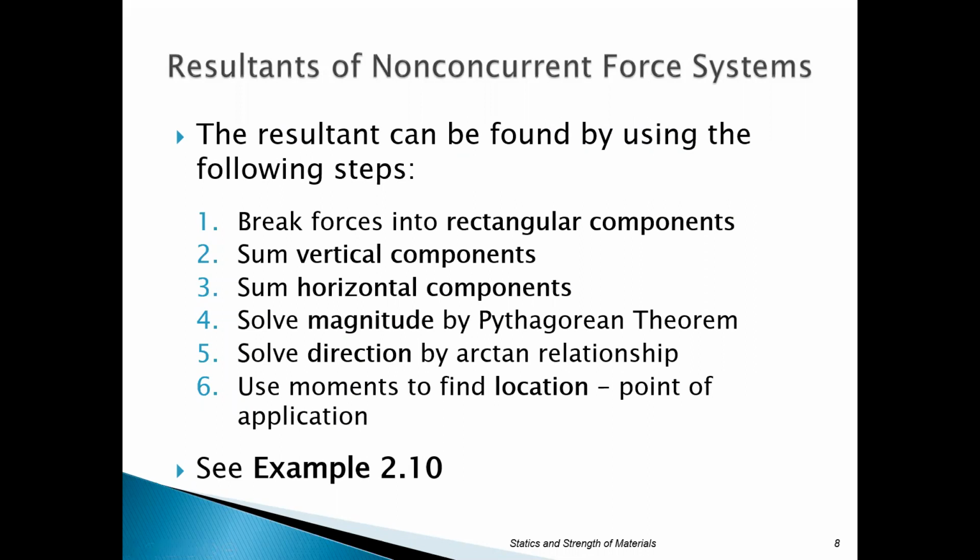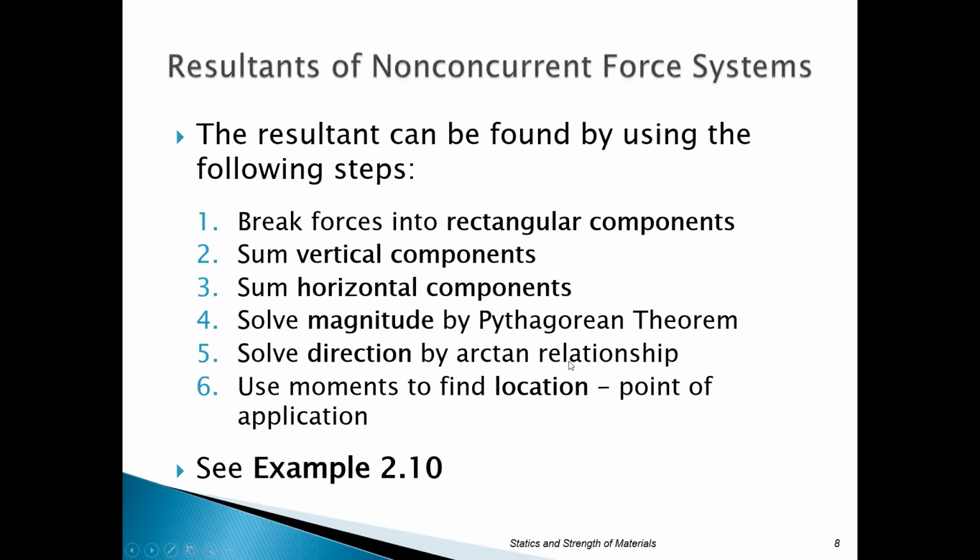So if everything is already horizontal or vertical, you're done with step 1. You don't need to worry about it, okay? Once you have it broken down into vertical forces and horizontal forces, you're going to sum your vertical component forces, you're going to sum your horizontal components, and then you'll be able to solve the magnitude using the Pythagorean theorem. After you do that, then you'll be able to solve the direction of that vector using the arctangent relationship.